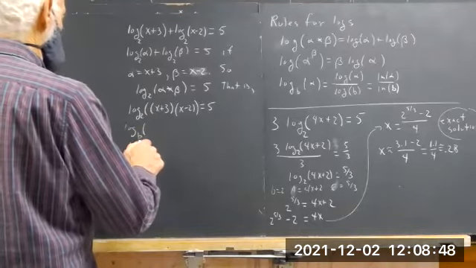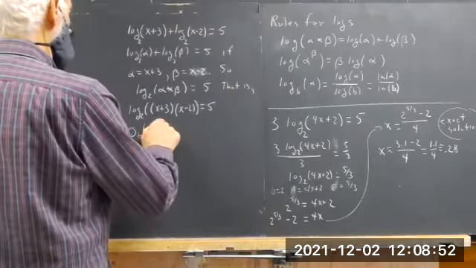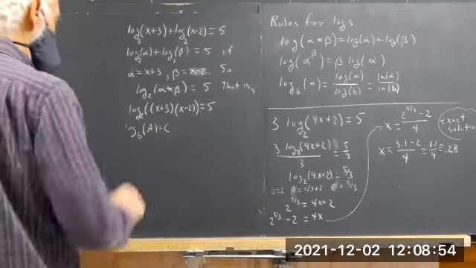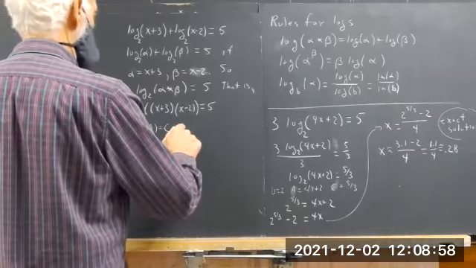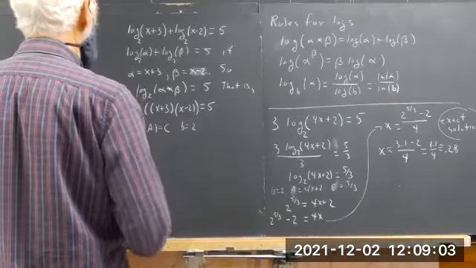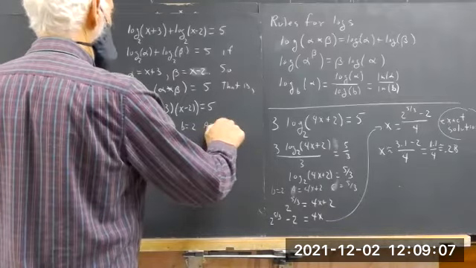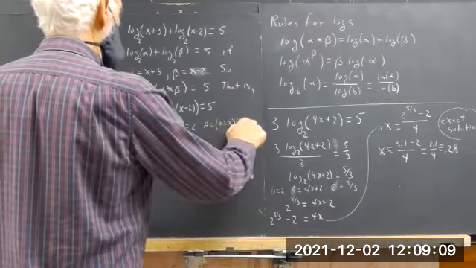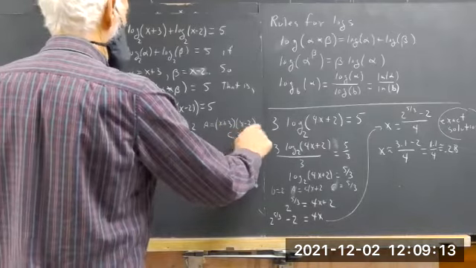Log base b of a equals c. This is the same letters I use. B equals 2. A equals x plus 3 times x minus 2. And c equals 5.